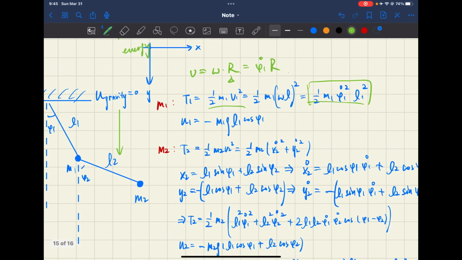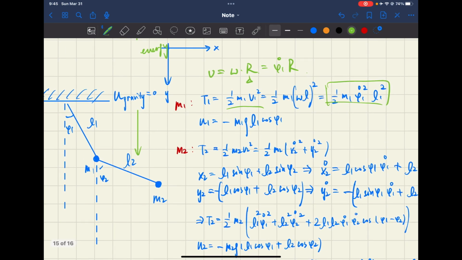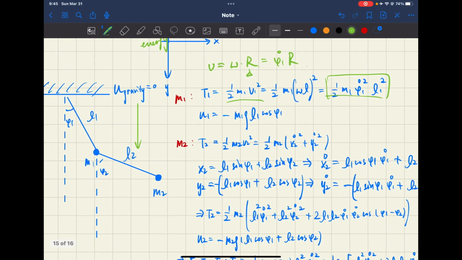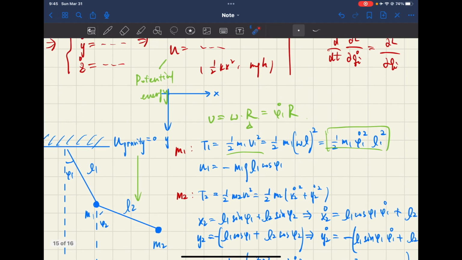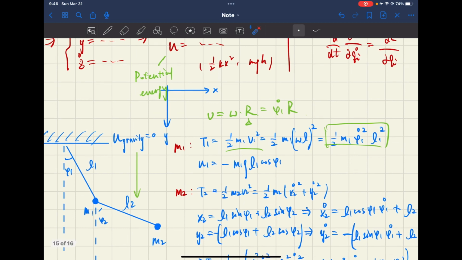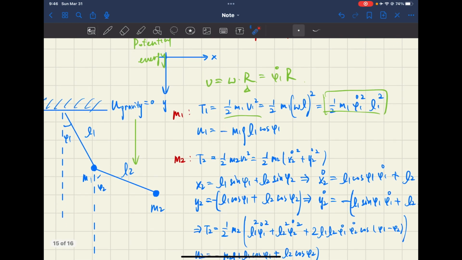This is quite simple until here. And the potential energy, of course, only encompasses the potential energy of gravity. We note that we chose the downward side as the positive side for the y-axis, so we must put a negative sign before this term.